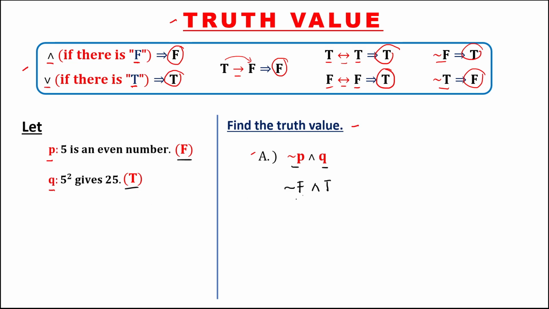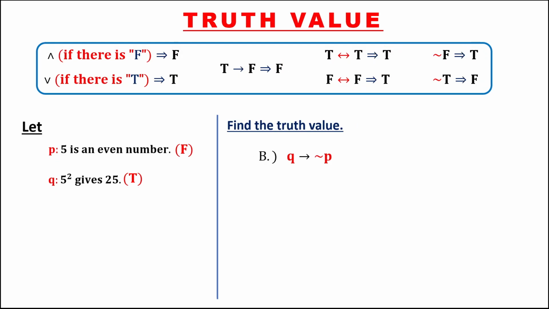Then to simplify, this not false is true. Then the conjunction true and true. Again, using this guide for conjunction, if there is a false, the truth value is false. Since this one is all true, therefore the truth value for this compound statement is true.